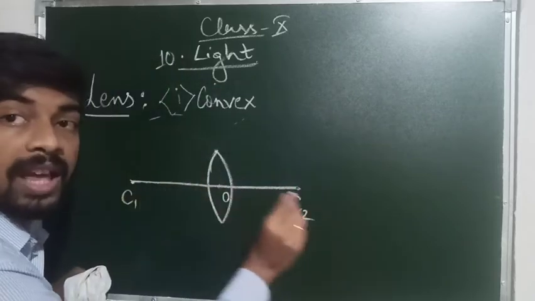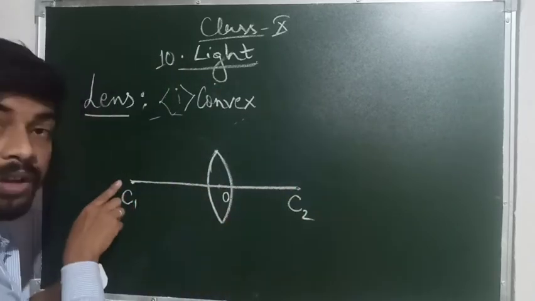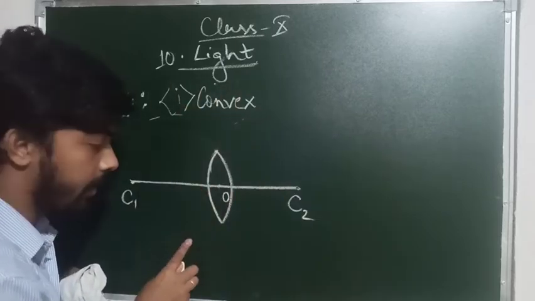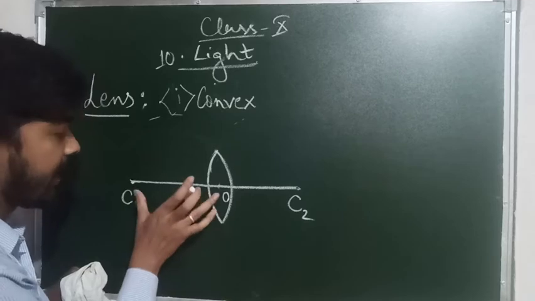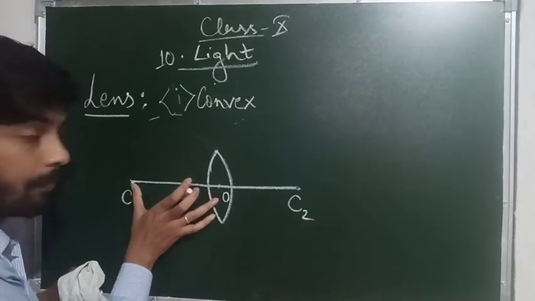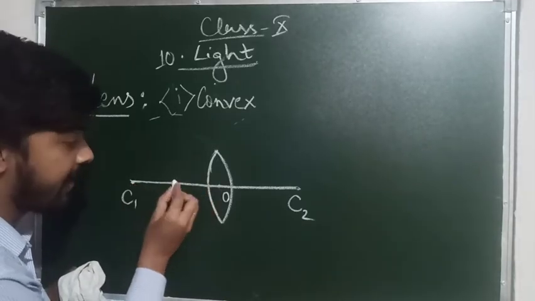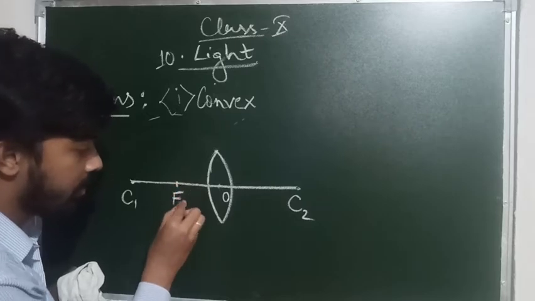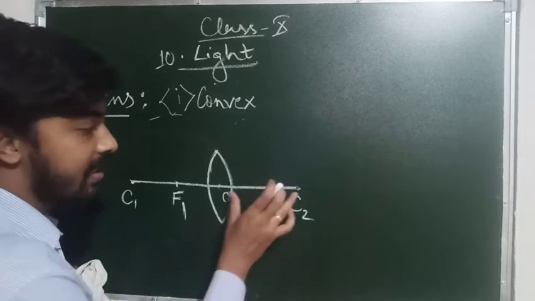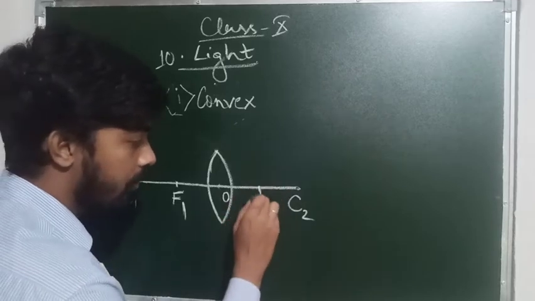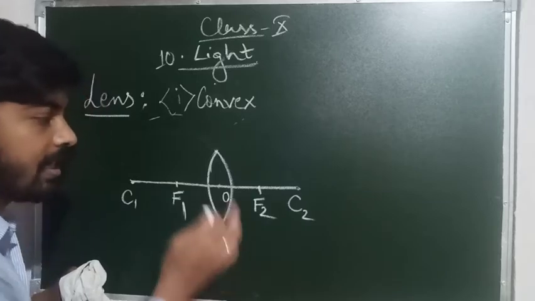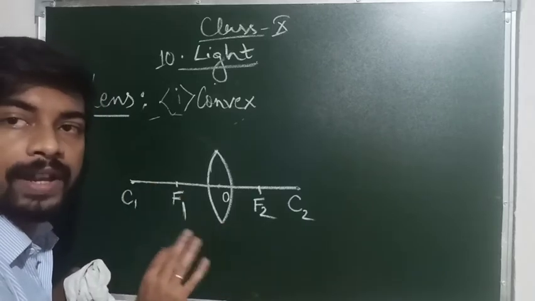This is the principal axis, which goes from center of curvature 1 to center of curvature 2, passing through the optical center. Exactly in between center of curvature 1 and the optical center is the point of focus number 1. The same goes on the other side, which comes as focus number 2. So this is the labeling of a convex lens.